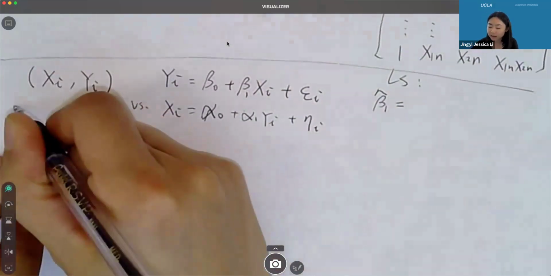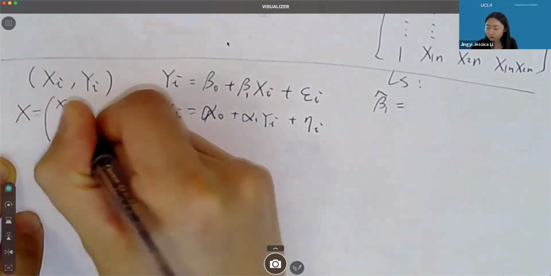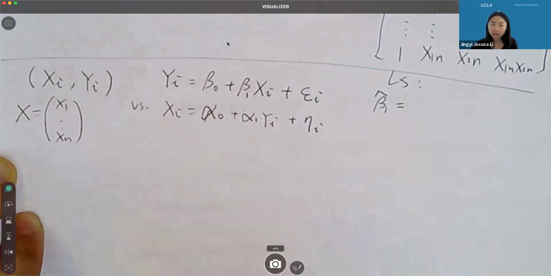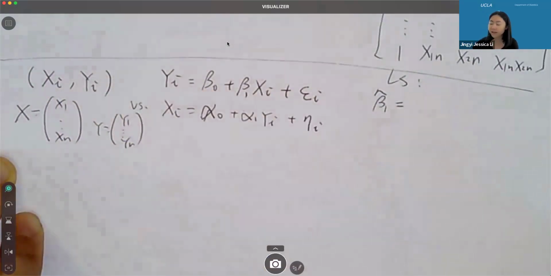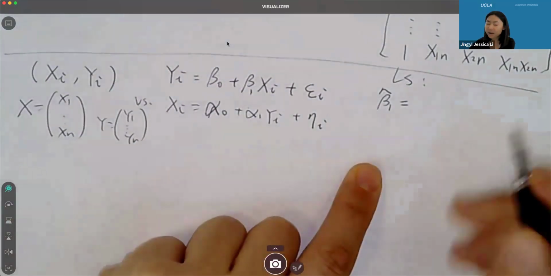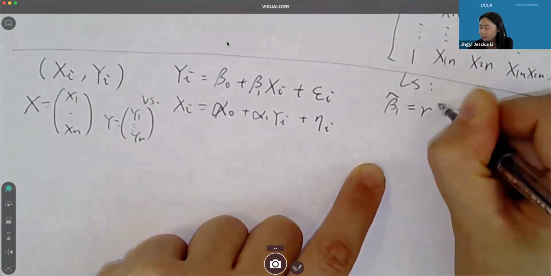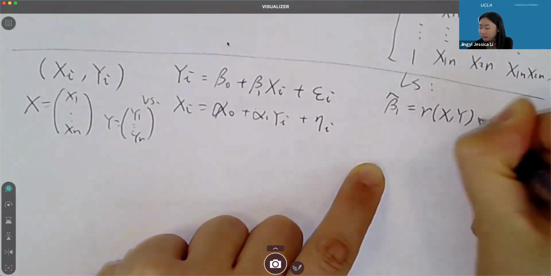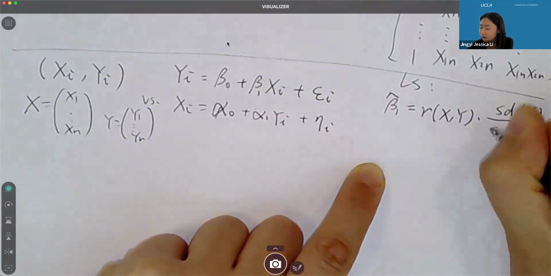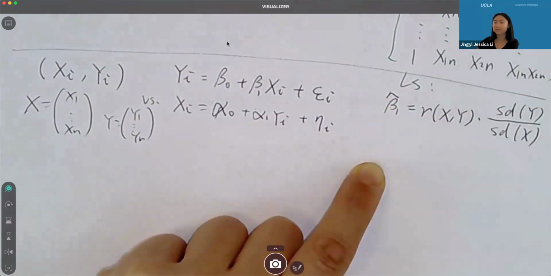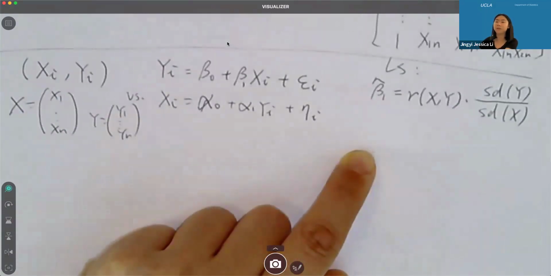I'll just say x is x1 to xn, y is y1 to yn. Then beta 1 hat has the form Pearson correlation of x and y times the standard deviation of y divided by the standard deviation of x. That's a formula we learned about simple linear regression.